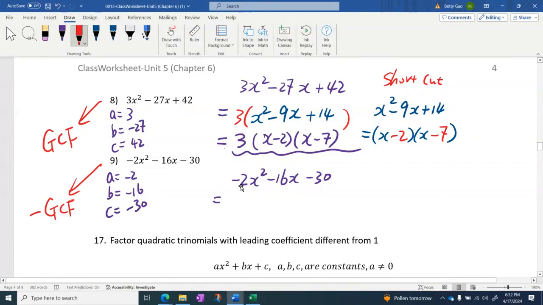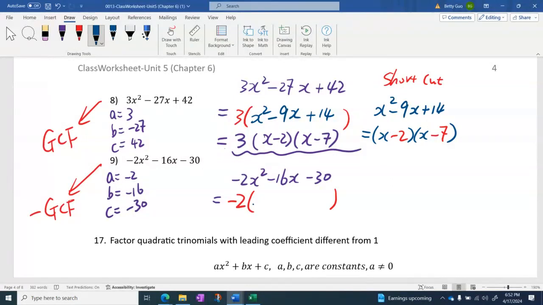And negative 2 actually is the negative GCF of the 3 terms. As you can see, 2, 16, 30, their GCF is 2, but the leading coefficient is also negative. We do not want a negative leading coefficient. So we should factor negative 2 out. Negative 2 here is the negative GCF. I have a purpose for that. After we factor negative 2 out, in the parentheses, we're going to have x squared plus 8x plus 15.